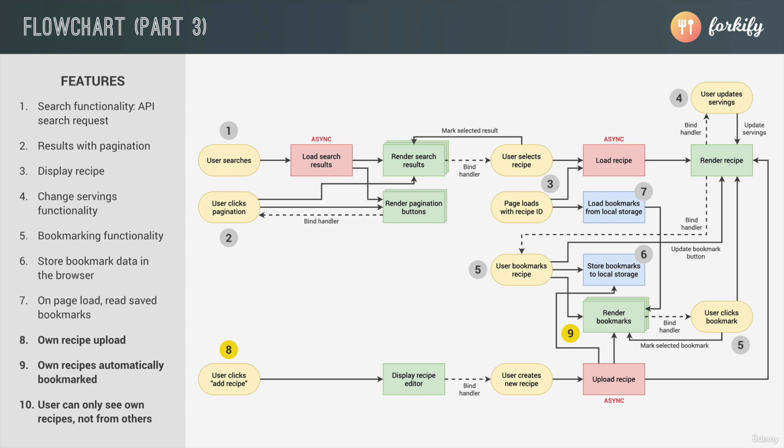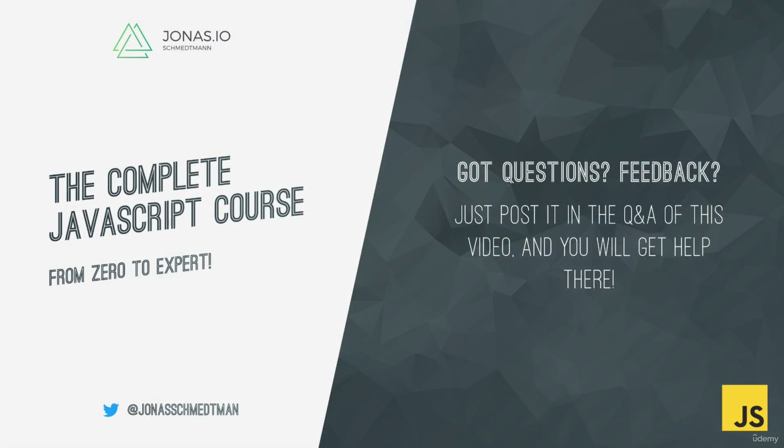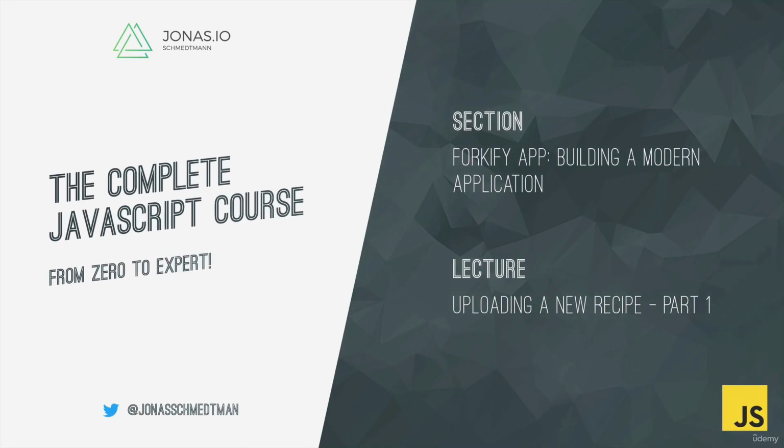And as I mentioned before, we will do that by using an API developer key. So these are the last steps that we need to take in order to finish our application. And so let's start by doing that in the next lecture, starting with the simple functionality of displaying the window when the user clicks Add Recipe.